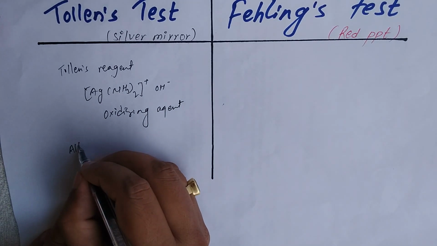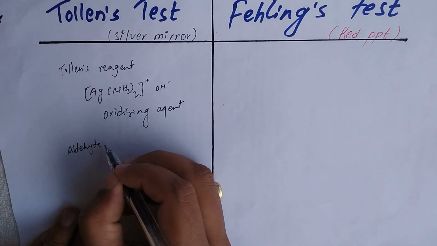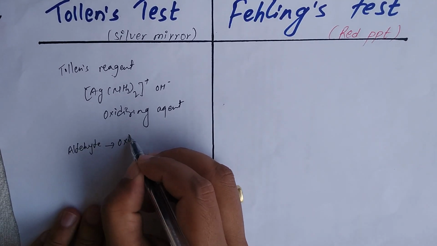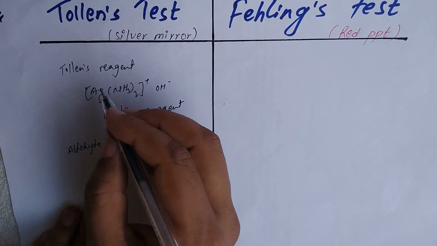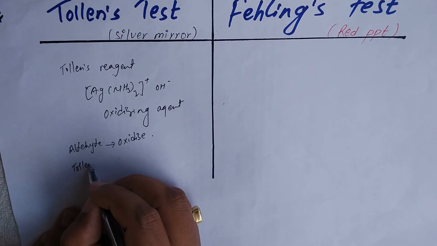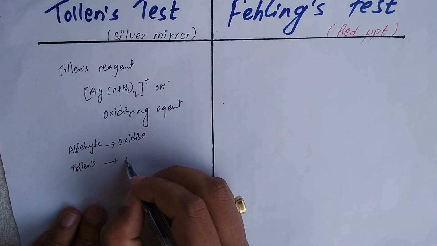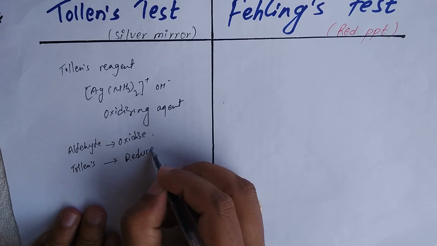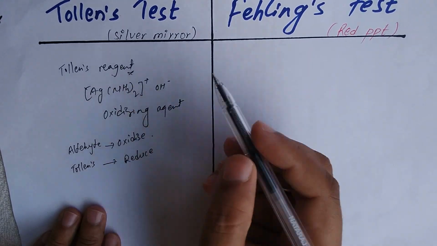So aldehyde is oxidized, and this Tollen's reagent itself is reduced. This is an oxidizing agent, so it itself is reduced.